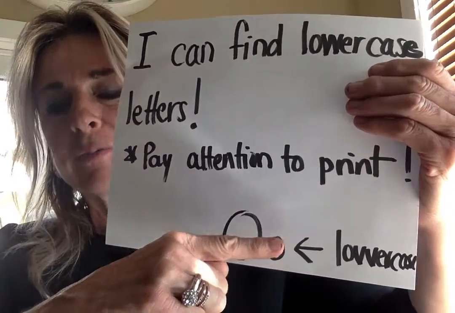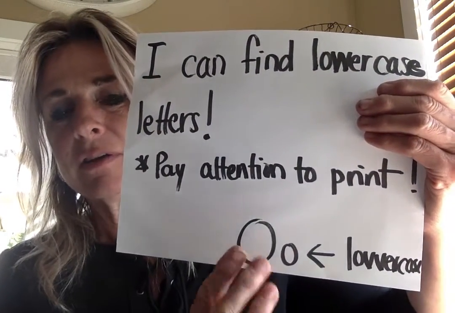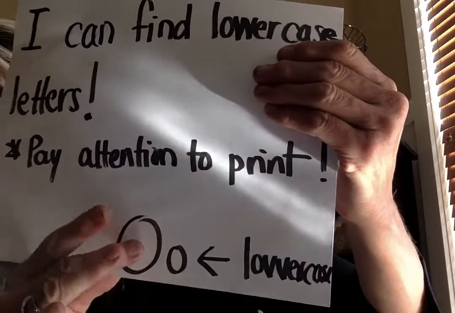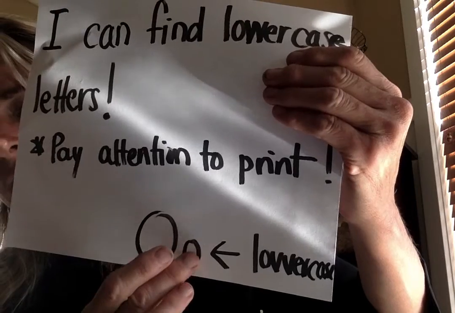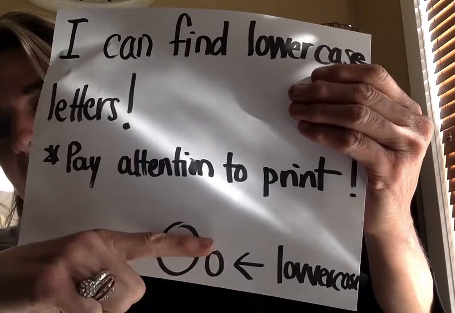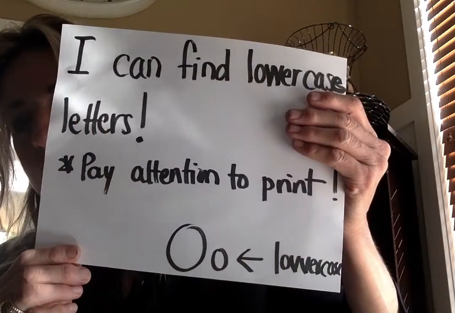The only difference is one seems taller or bigger, and that's the uppercase capital. So if I know uppercase capital, and I look at this one, this is the lowercase letter, the lowercase O. It's smaller, okay? And we're going to look at those same letters.